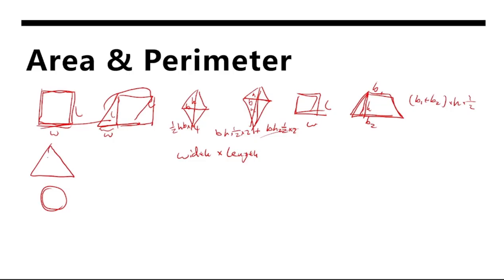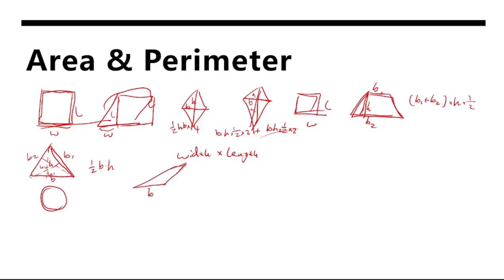And for triangles with the height and the base, we have just half base times height. Just remember that the height is perpendicular to the base you've chosen. If this is base 1, you'll have to use height 1. If this is base 2, you'll have to use height 2. Now what if we have an obtuse triangle, looking like this?